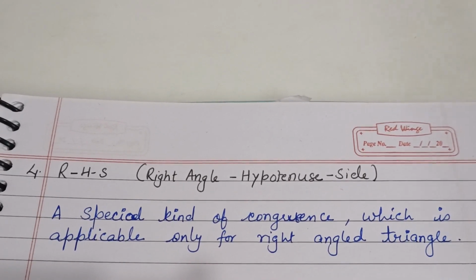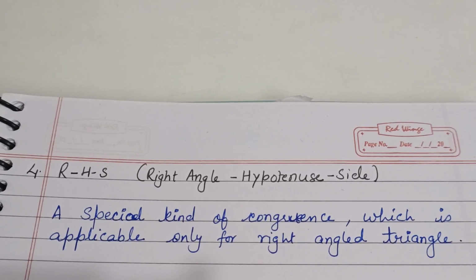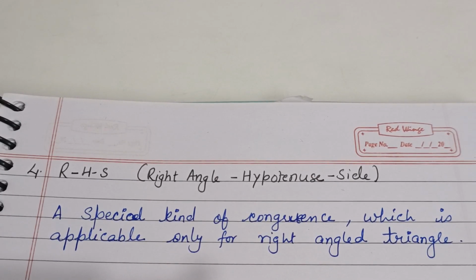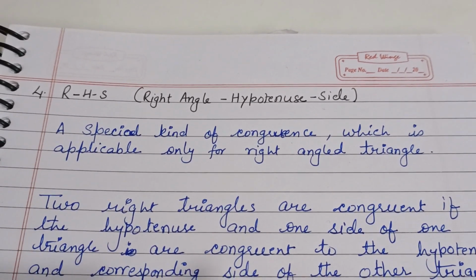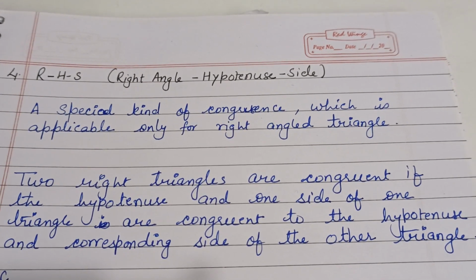Now I am going to talk about the last type of congruence, that is RHS, which is a very special kind of congruence property, and it is applicable only on the right angled triangle. So what is its definition? Two right triangles are congruent if the hypotenuse, what is the hypotenuse?